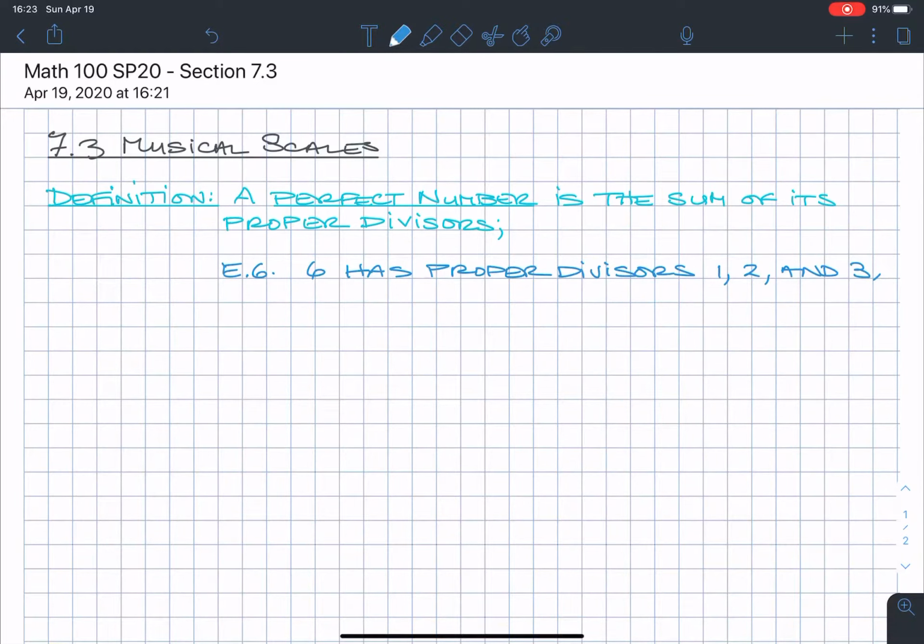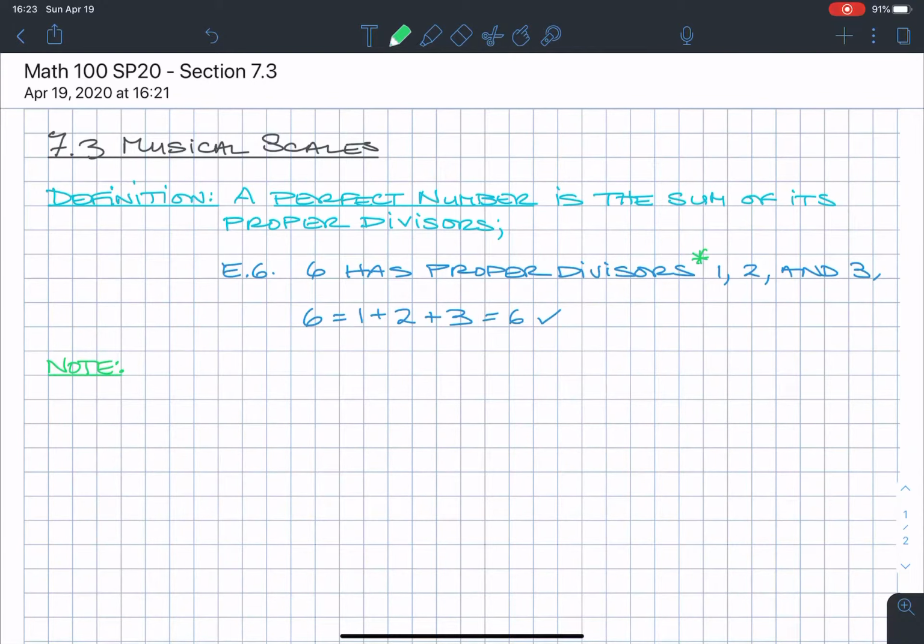And do you agree that 6 can be written as 1 plus 2 plus 3? So it's a perfect number because that, of course, is 6. So check mark. Sorry, perfect number, not proper. But why I said proper is because, note, what is a proper divisor?